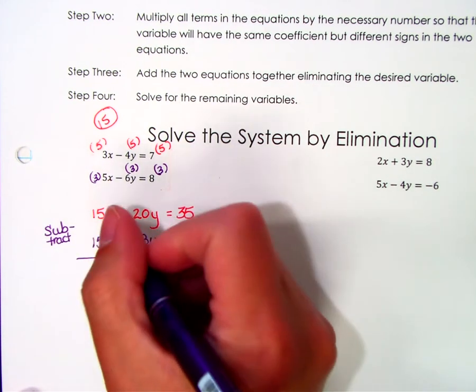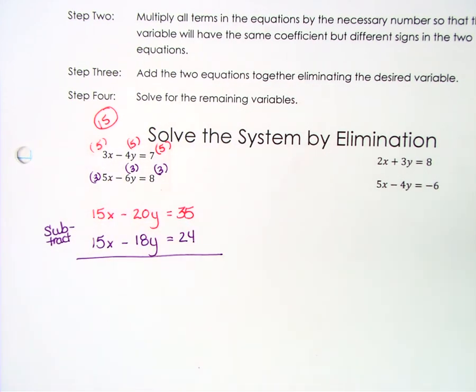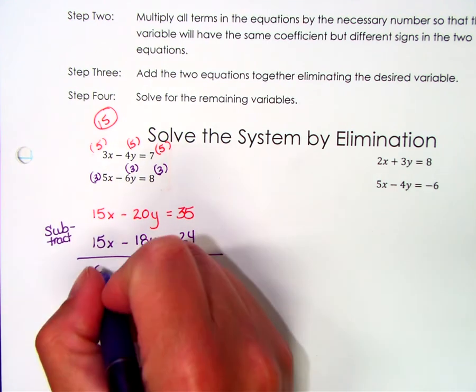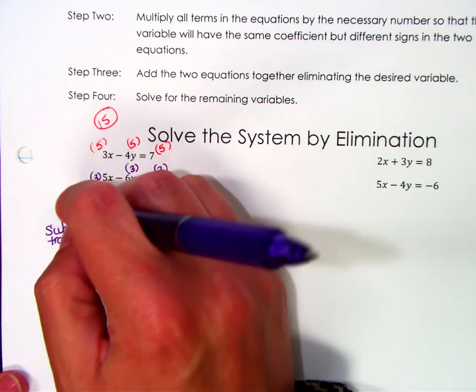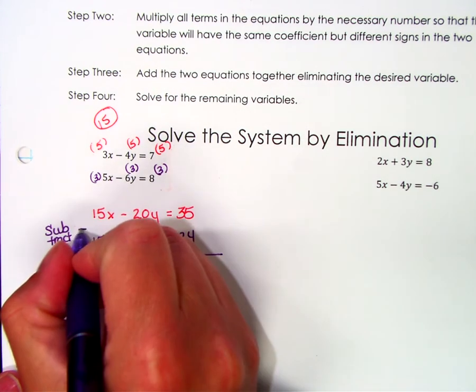So what is 15x minus 15x? 0. That was our goal, was to get rid of x. That's hence the name elimination. We're eliminating that variable. Okay, so subtracting is a little bit hard because you've got to remember what you're doing.